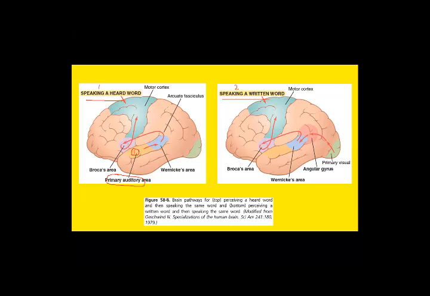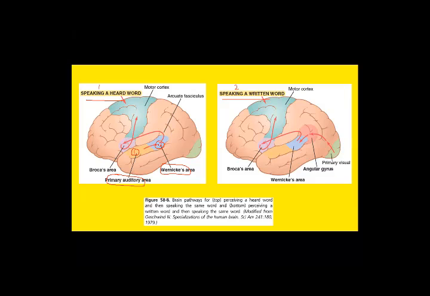Then the signal will be sent backwards towards Wernicke's area in the posterior superior temporal gyrus. So this is the second relay station.